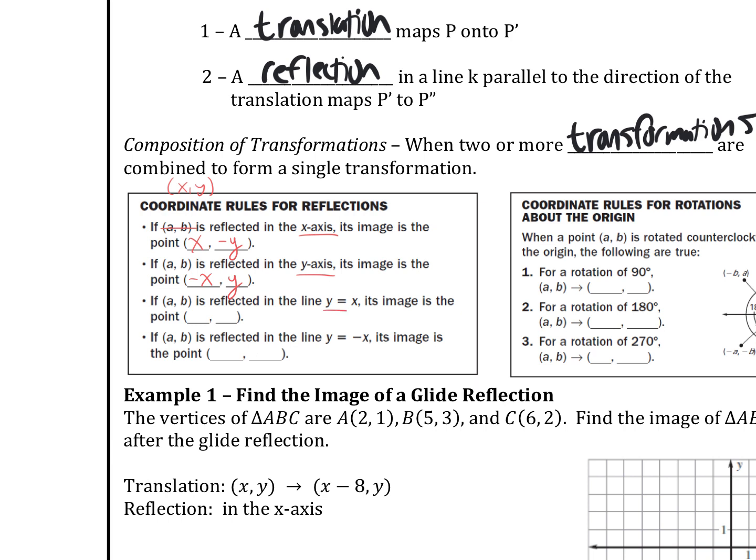Reflecting over the line y equals x is y and x. Reflecting over y equals negative x, remember y equals x goes like this, y equals negative x goes like that, 45-degree angle. That's not great, but it'll get the job done. The reflection is going to be opposite of y and opposite of x. Okay, double check those. Looks good.